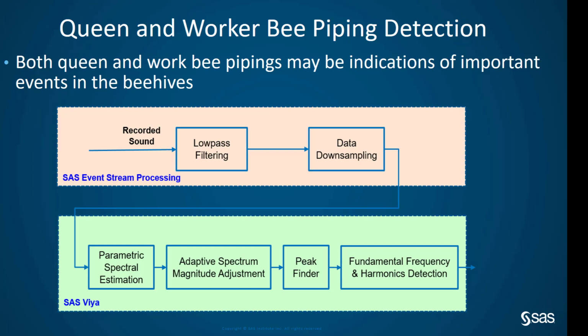Here we use a different algorithm called parametric power spectral estimation method to estimate the frequency spectra of the sound signal over time. Then we apply an adaptive spectrum magnitude adjustment method to balance the magnitudes of the high frequency and low frequency components. At the end, a peak finder is used to reliably detect the fundamental frequencies and the harmonics of the piping sounds.